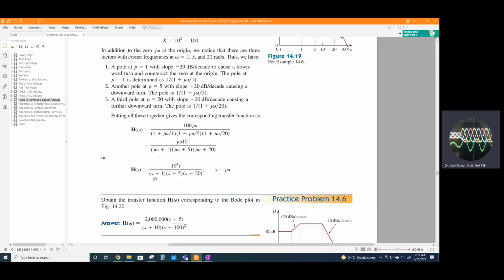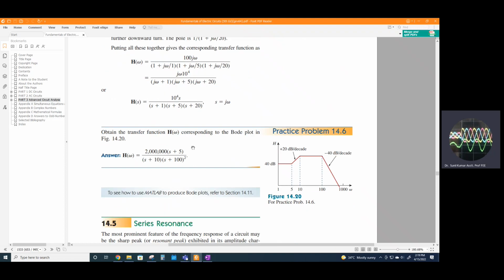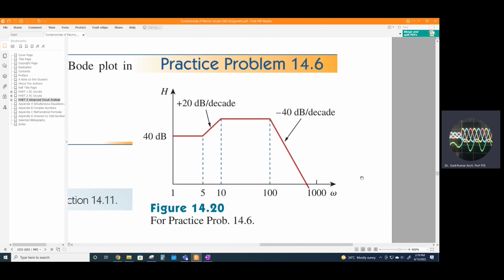Okay. So this is how to construct or find the transfer function from the Bode plot. Let's try another one to make it more familiar. Let's do this practice problem.